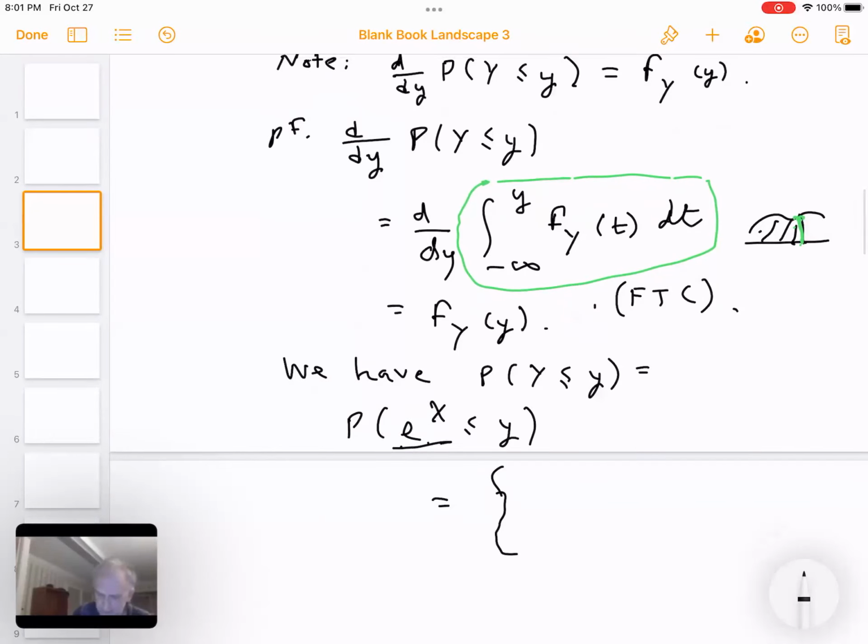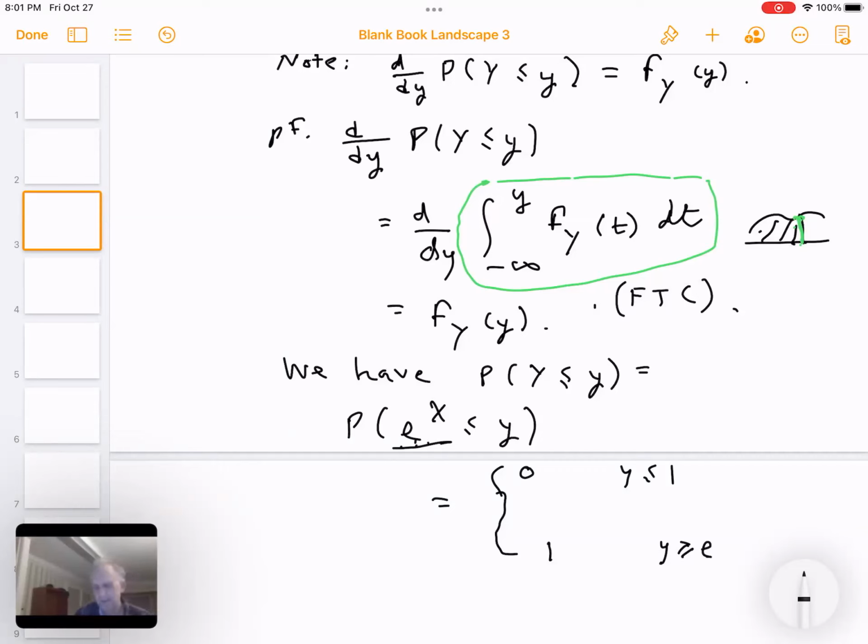If y is less than 1, this probability is 0, for little y less than or equal to 1. And if y is greater than or equal to e, it's 1. This is always less than or equal to e.